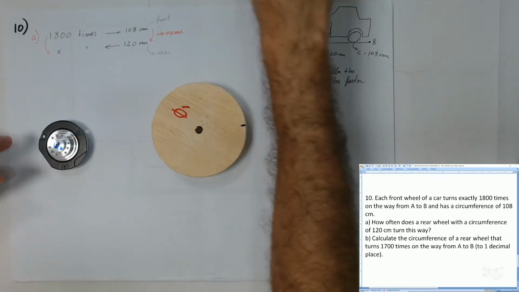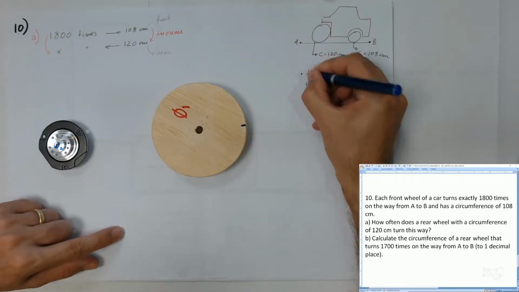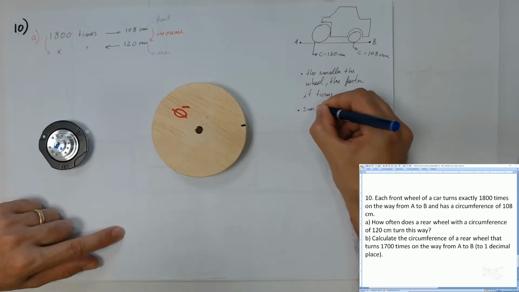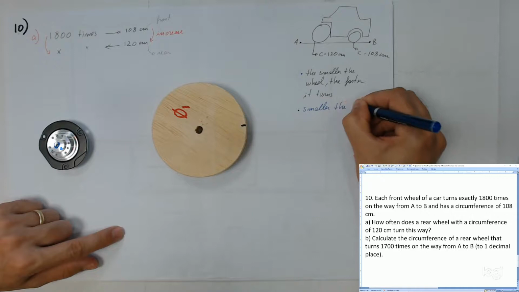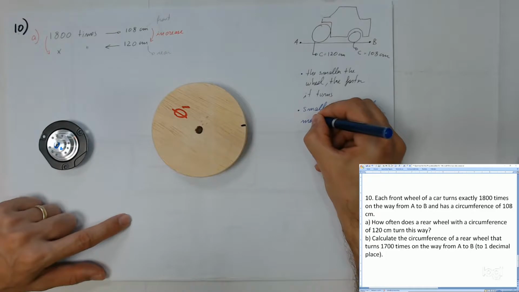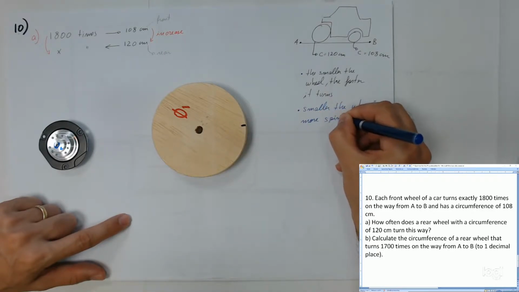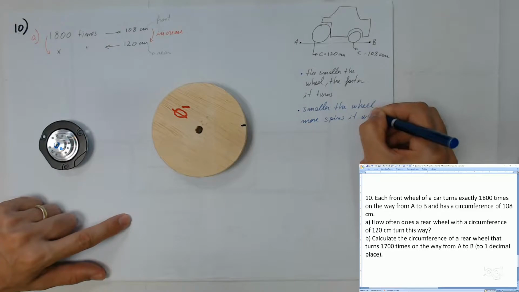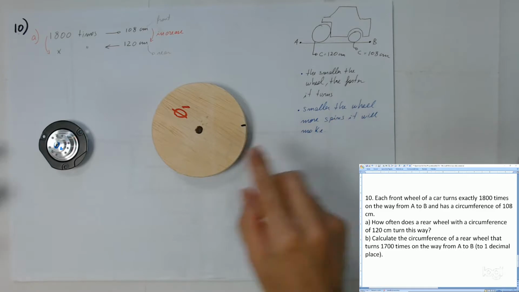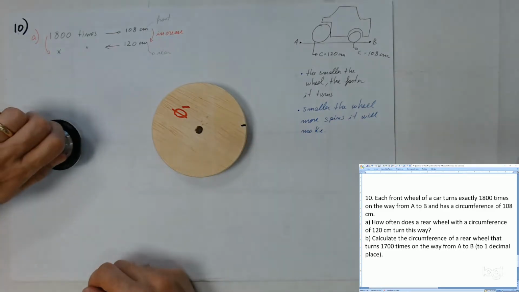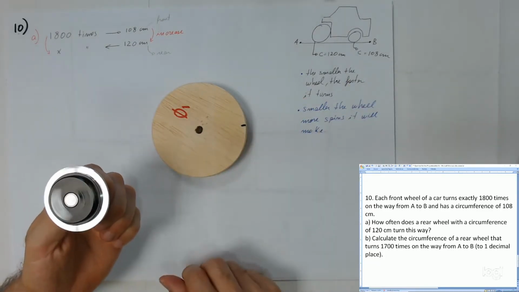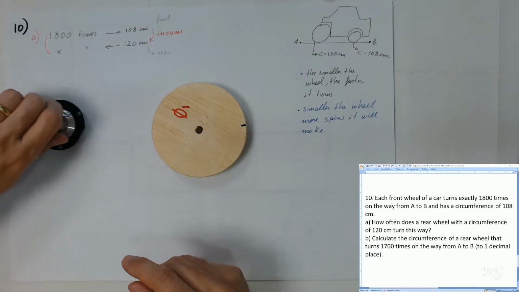We can also see it in this way: the smaller the wheel, the more spins it will make. Why is it going to be faster? Because it is going to go through more spins. More spins means faster. It is speed.